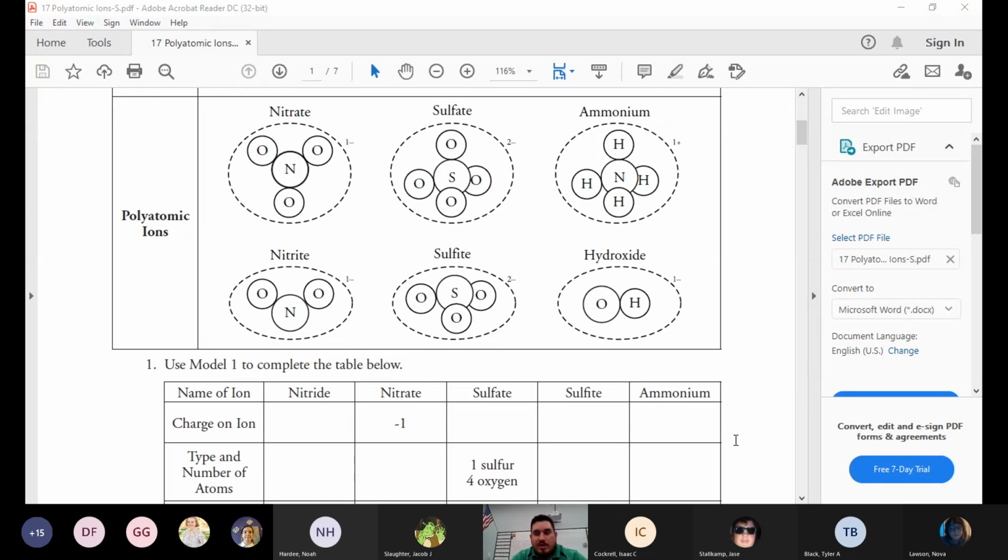So chlorate is ClO3. What is chlorite? What do you think?